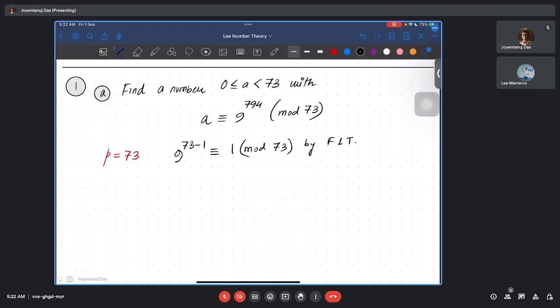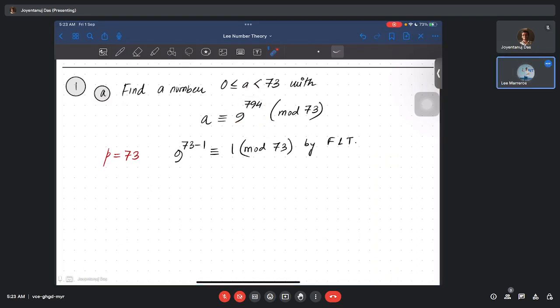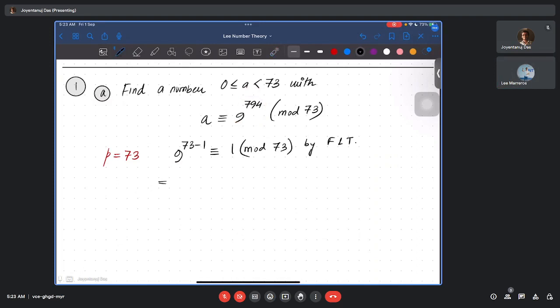Now it is clear. You're choosing 9 because it is helpful. Yes, because the problem is 9 power something. So that's why you have to choose 9. So this simplifies to 9 power 72.